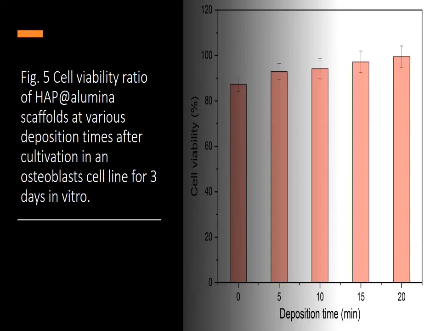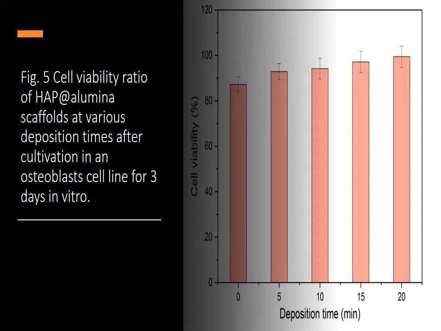The number of cells that will be alive after cultivation with the scaffold is a good sign to estimate the cytotoxicity of the implant material toward the physiological environment. The cell viability of the hydroxyapatite on alumina was carried out against the human fibroblast cell line in vitro, and the results are illustrated in the figure you see here.